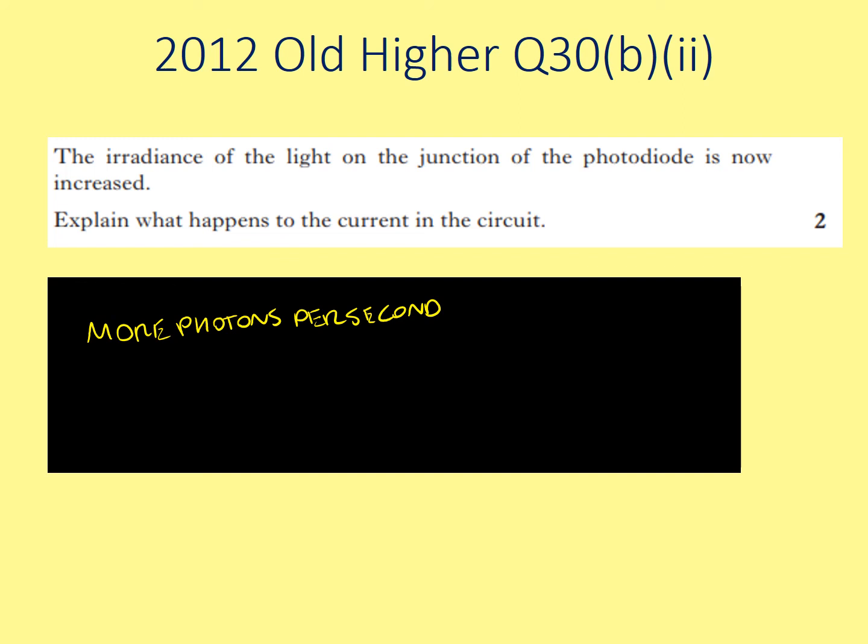So more photons per second means more electrons per second. More electrons per second means more charge per second. Current is Q over T. It's the amount of charge flowing per unit time. Therefore, if the irradiance of the light on the junction increases, we have an increase in the amount of current.